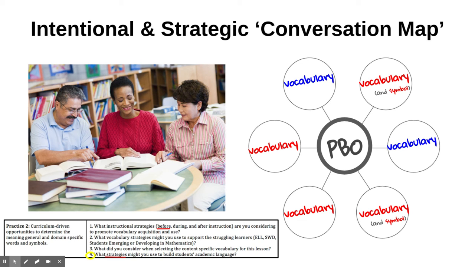And I found this one very interesting because this strategy actually goes back full circle to the first one. And so those strategies before, during, and after instruction, right, to help us bridge, to help us build, and that build is a verb, right? How do I build throughout? How do I build on students before, during, and after instruction?